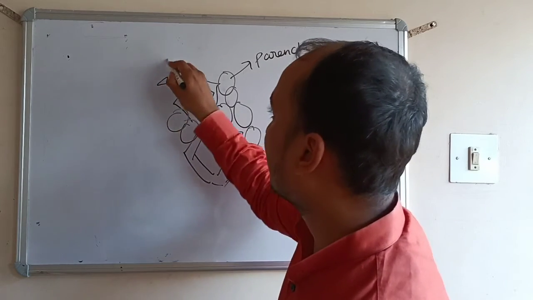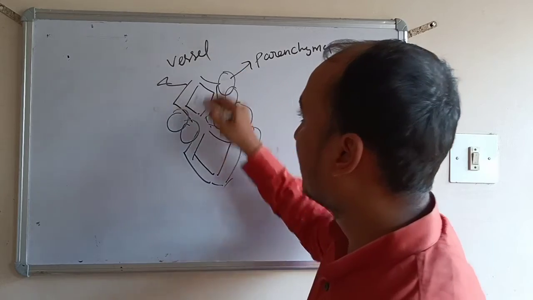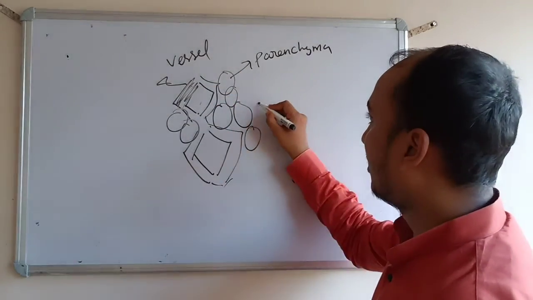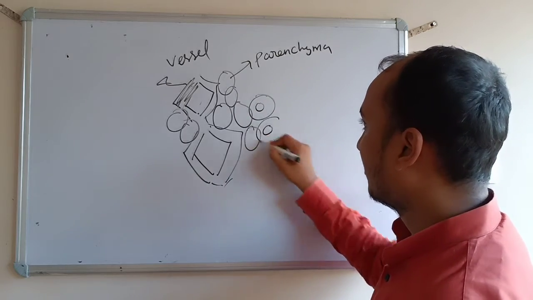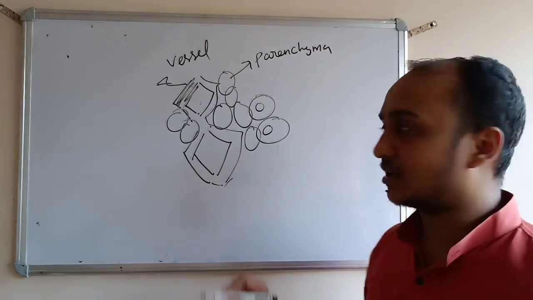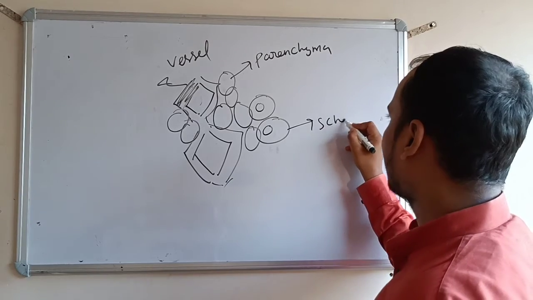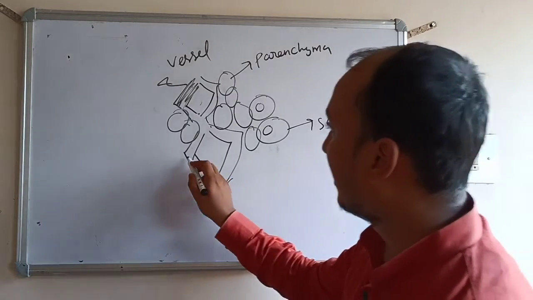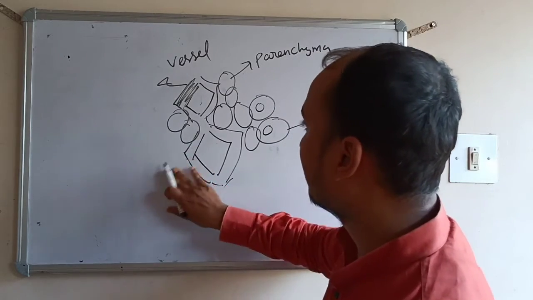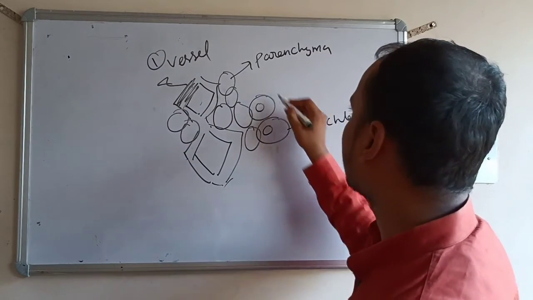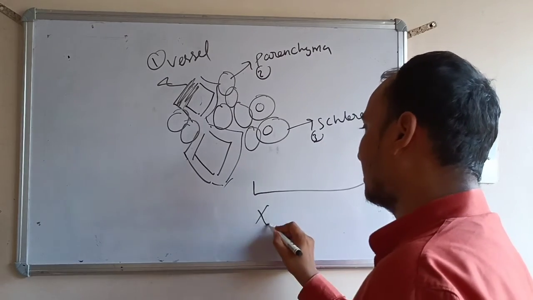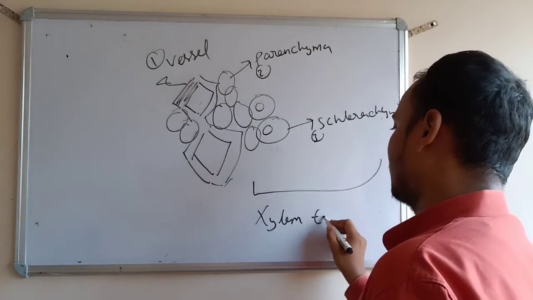And these are vessels which have lignin and pits. And now we have sclerenchyma. We know the walls of sclerenchyma are thick. So these are sclerenchyma. This whole thing, vessel, parenchyma and sclerenchyma, makes up xylem tissue.